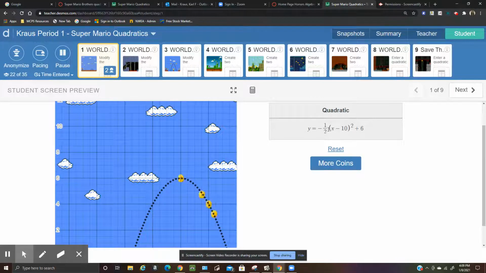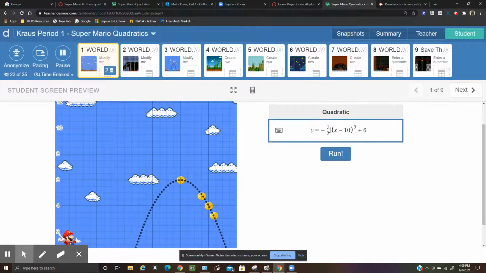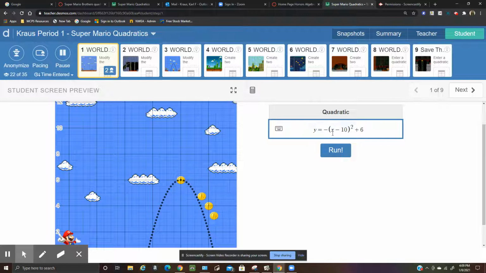Now, one way that I suggested that you could get this A value here: if I just add an A here and not an equation, and I wanted to compute the A value, then I'd plug in 12, 4 for X and Y. So Y is 4 when X is 12.